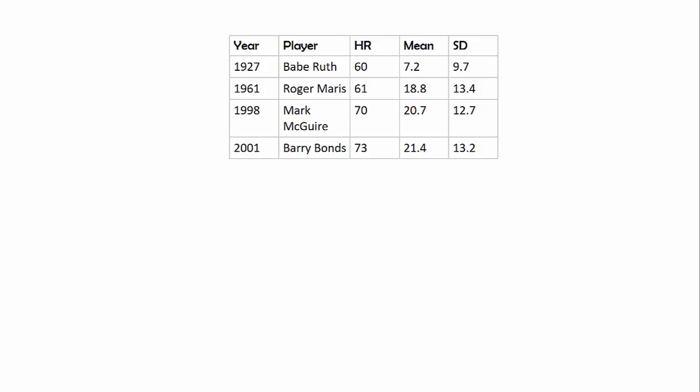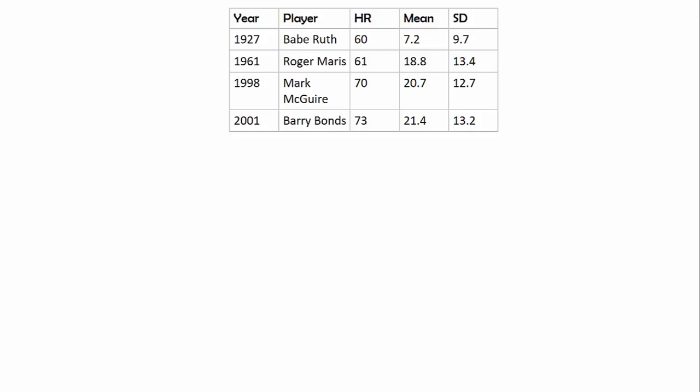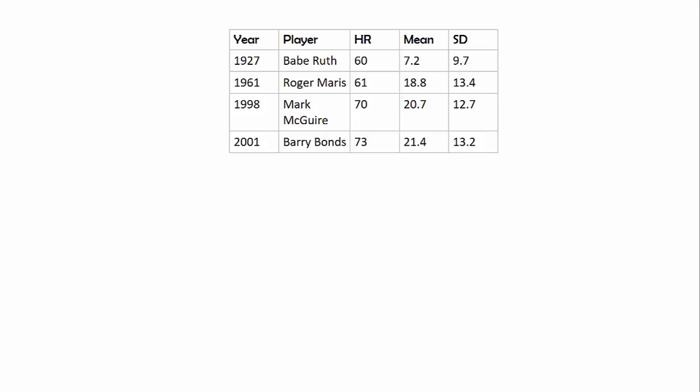Maybe people are getting better and better because of performance-enhancing drugs, or non-illegal ones, but let's not get into that discussion just yet. Let's compare each one to the average at that time. The average in 1927 was about 7.2 home runs each person got. So Babe Ruth with 60 home runs was quite impressive. Let's compare it to Roger Maris, Mark McGwire, and Barry Bonds and see who really is the ultimate champion of home runs, if you will.